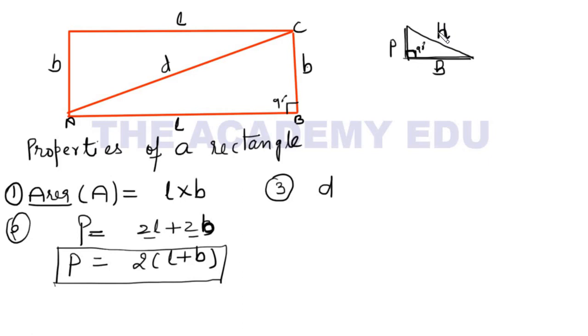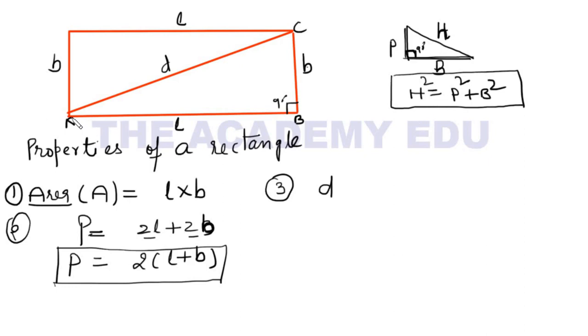Take it as B, P, and H. Pythagoras was a mathematician who first solved how to find the sides of a right angle triangle. He found a formula: hypotenuse square is equal to perpendicular square plus base square. At that time it was a big discovery, so it is called the Pythagoras theorem.